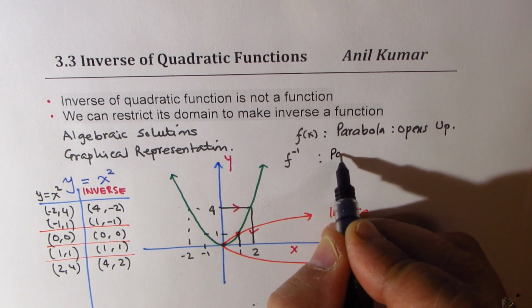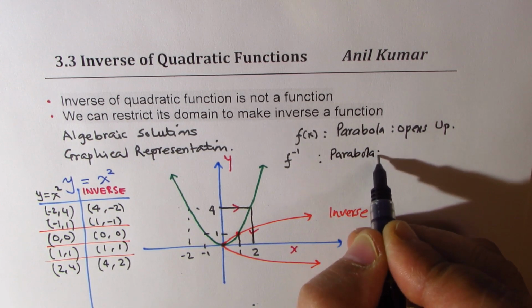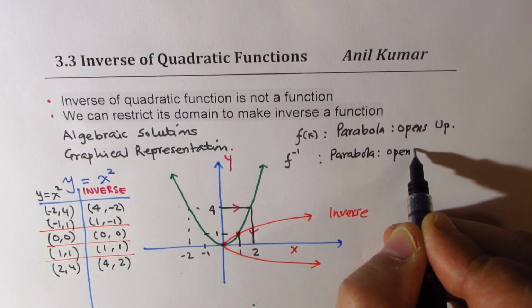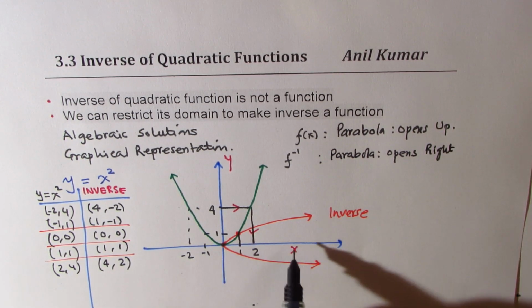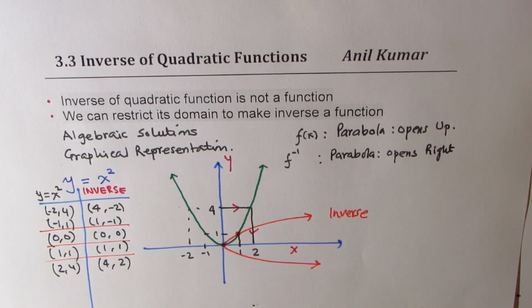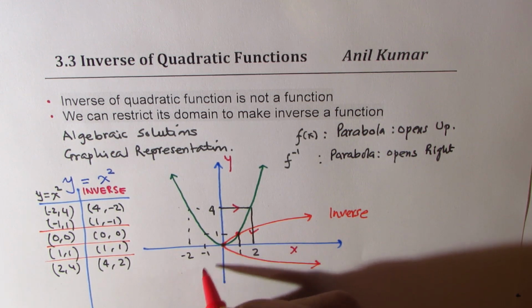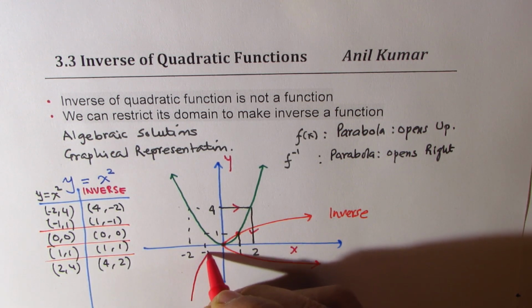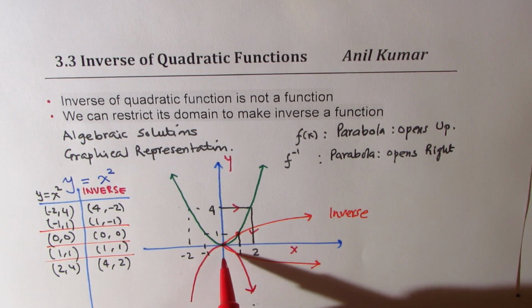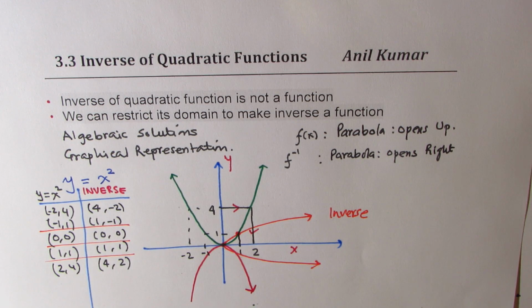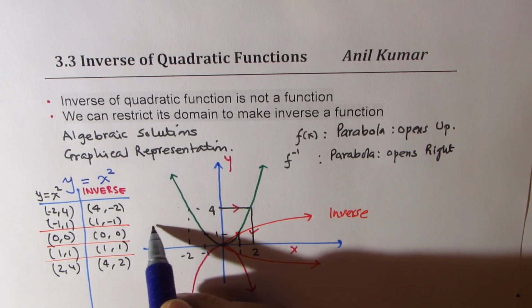So we get a parabola which opens right side horizontally. Do you see that part? Correct? Now you could actually work with many different kinds of functions. You will notice that if you are working with a parabola which opens downwards, for example, then its inverse will be another parabola which is going to open towards the left.